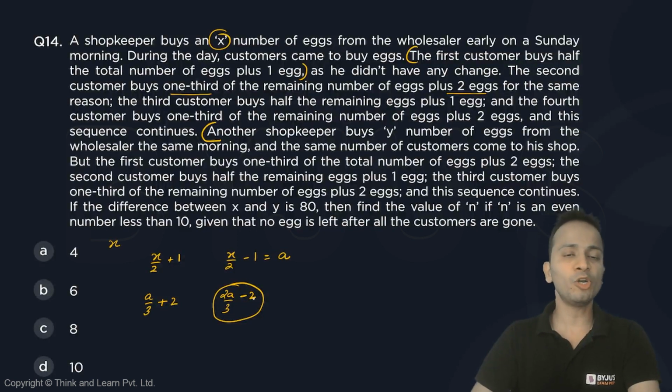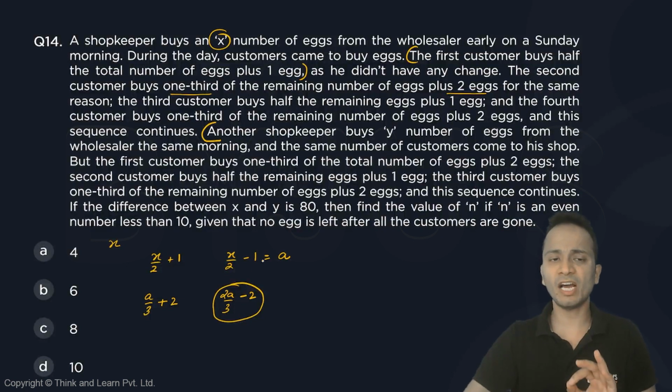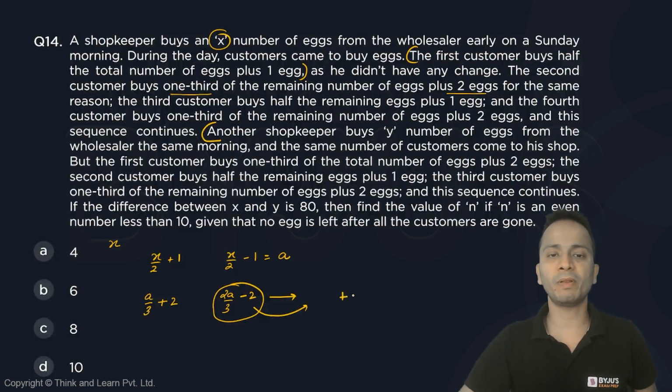Now you will keep on doing the same thing again and again, and you will get the remaining number of eggs at every step. Now, after understanding this part, how to do backtracking? Let's say I have to backtrack this particular step. So 2 will go on the right hand side, it will become +2, and then 2 by 3 will be cross multiplied, so multiplied by 3 by 2.